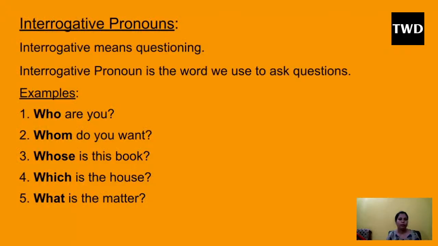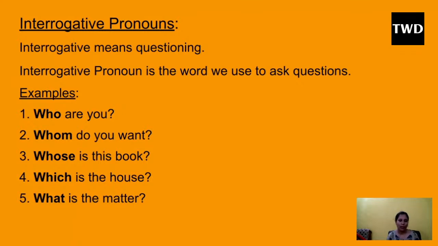Moving forward, it is interrogative pronoun. What is the meaning of interrogation? Means asking questions. So, whichever words we use to frame questions are known as interrogative pronouns. All the W words we use to frame our questions, like who, whom, whose, which, what, where, when, why, so many.